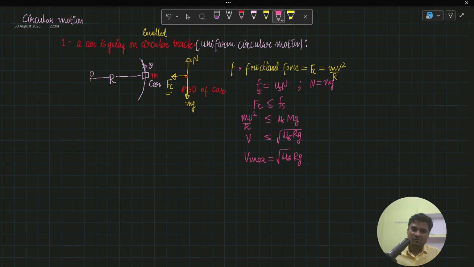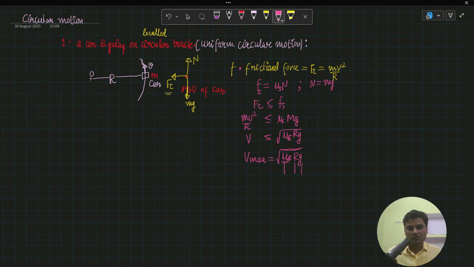All these values mu s, r and g are constant for any given road. So the value of mu s will be fixed for a road, and whatever is the vehicle that is going, the tire of that vehicle, so mu s will be fixed for that vehicle, and the radius will be fixed for the circular track, and g, we know that this is a fixed quantity.